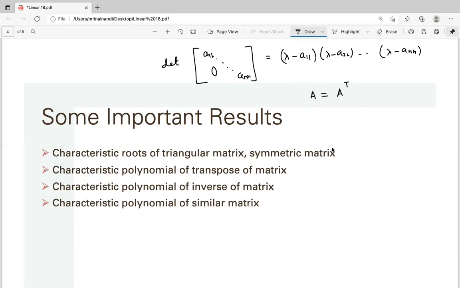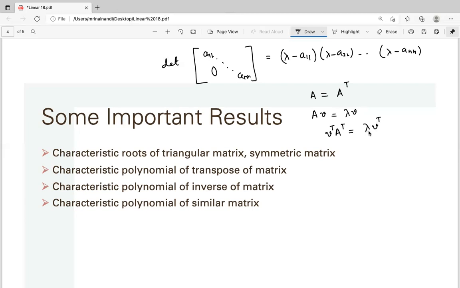If A equals A transpose, and AV equals lambda V, where lambda is the eigenvalue, we take the transpose of that: V transpose A transpose equals lambda V transpose.